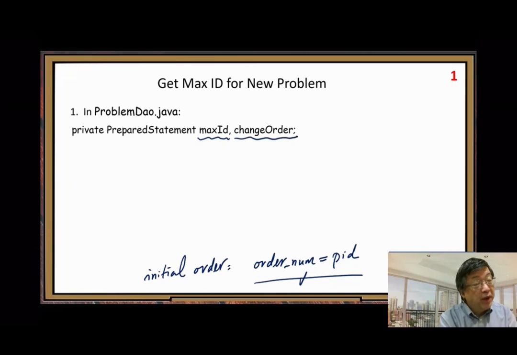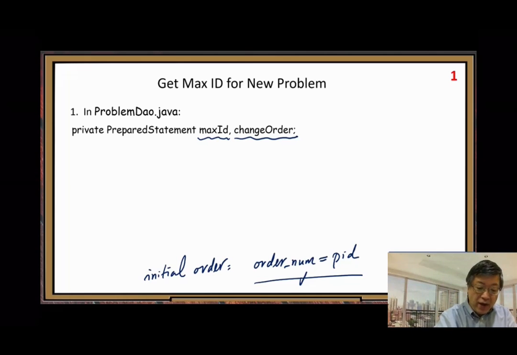The first one, because the newly inserted problem will have the maximum ID. We assume that because we use the auto increment PID. So the newly inserted has the maximum ID, and we find it first.